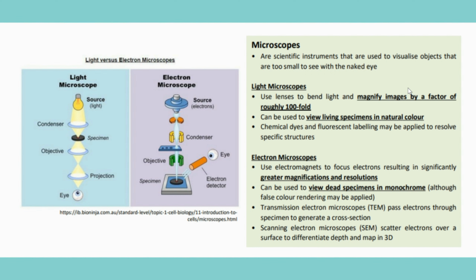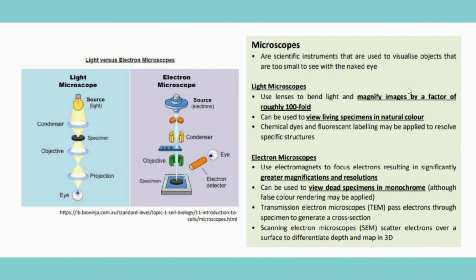And you have two kinds of electron microscopes, which are your transmission electron microscopes, TEM, and scanning electron microscopes, which is your SEM. So TEM passes electrons through the specimen to generate a cross section of that specimen, while your SEM can be used to scatter electrons over a surface to differentiate the depth and map the organelle out in 3D.